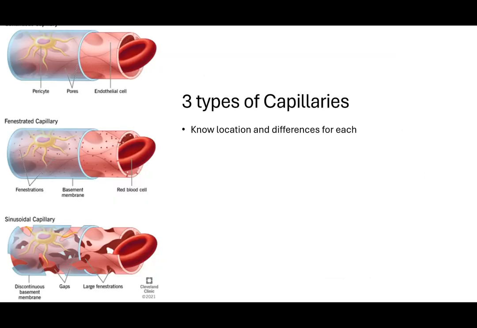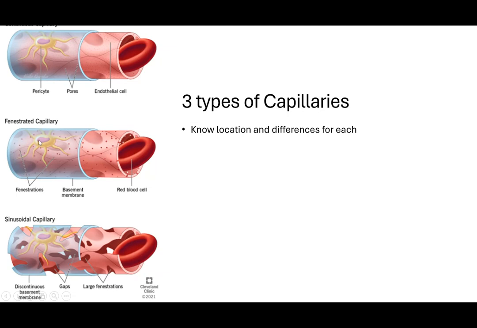Cool. So there are three types of capillaries, and they're in different locations. Okay. So you need to know their location, and you need to know the structural differences between these three types. So the first one here, the name kind of got cut off, I'll try to fix that, this is a continuous capillary.